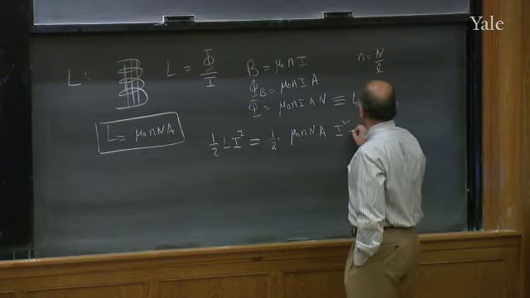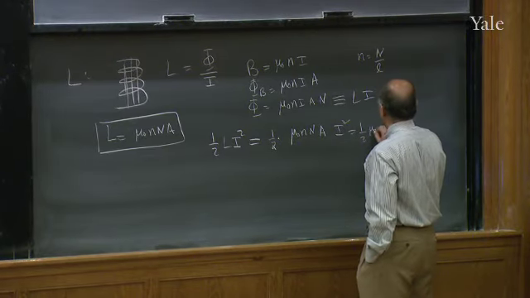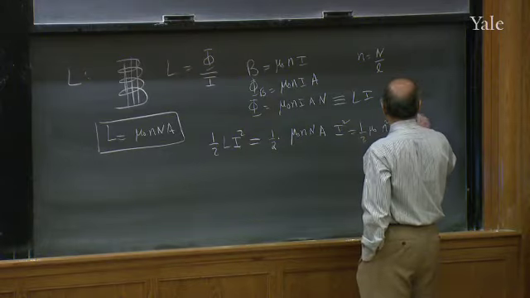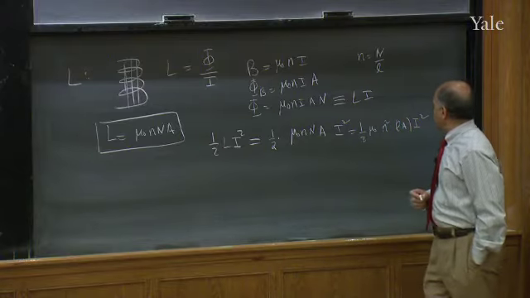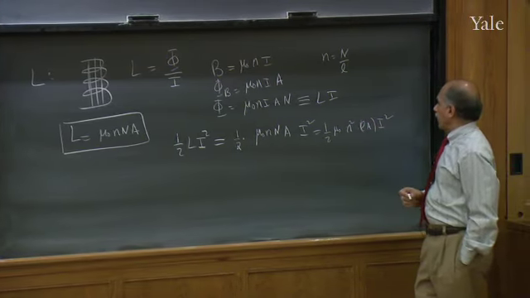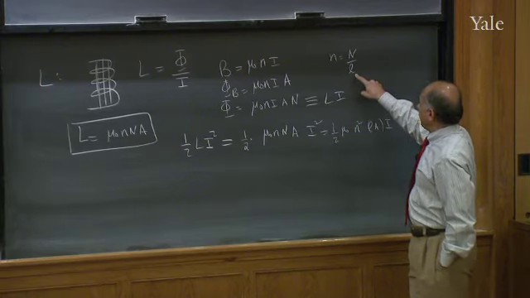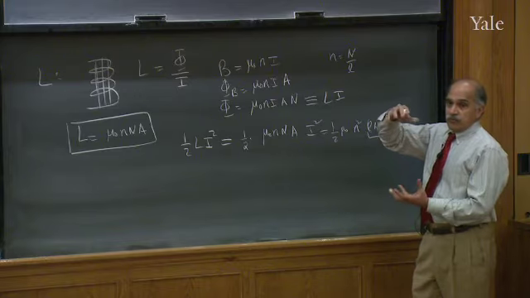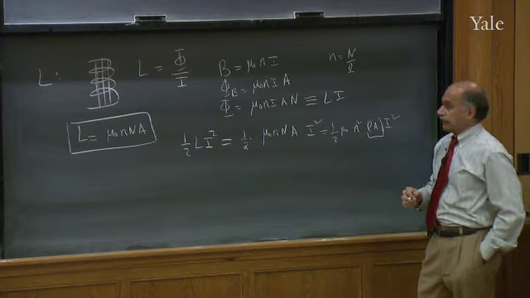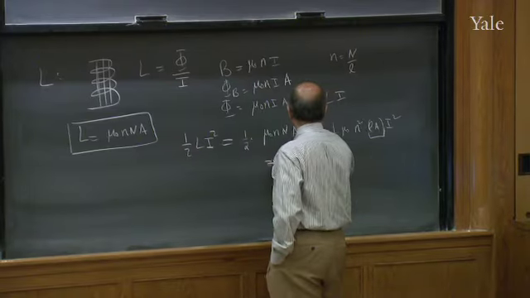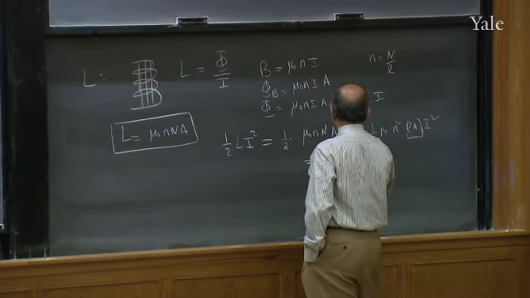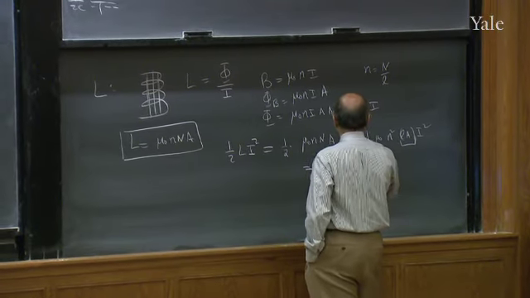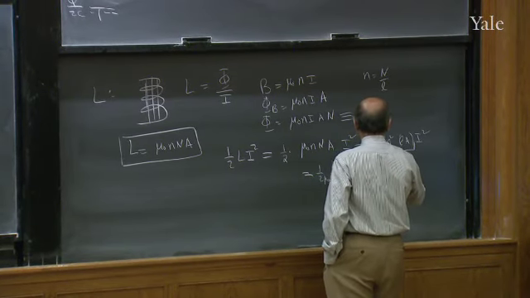So let me rewrite that as 1/2 mu 0 n squared times L A times I squared. In other words, I've used the formula to write little n as big N over L. L times A is the volume in which there is a magnetic field. So this looks like 1 over 2 mu 0 times mu 0 n I, whole squared, times L times A.